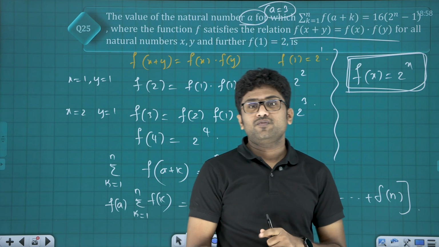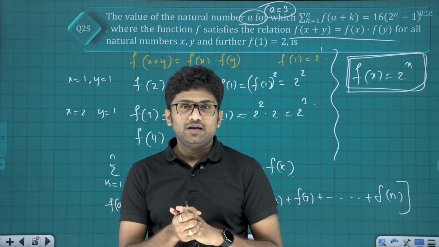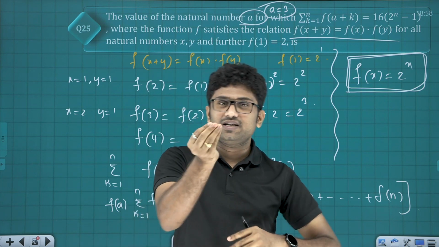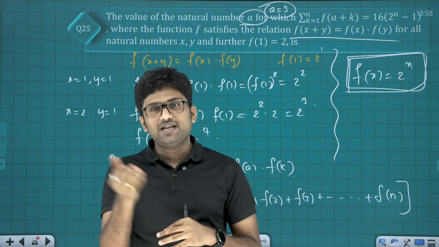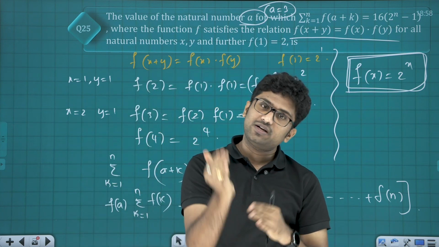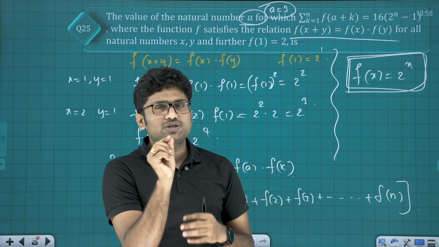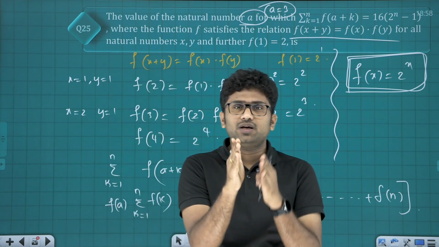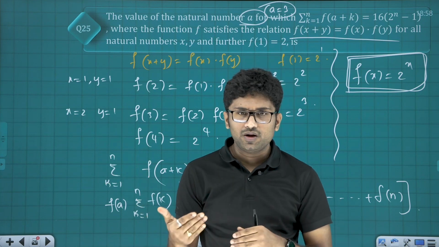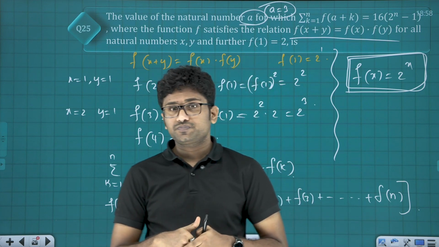So friends, with that we are done with the detailed analysis of all the 25 questions. If you have observed one thing, the questions from sets can be done in just 30 to 40 seconds, even less than that. Even relations, by using examples and taking values, can also be done in less than 30-40 seconds. The only thing you might have found difficult is functions, with one-one, onto, surjective and all.